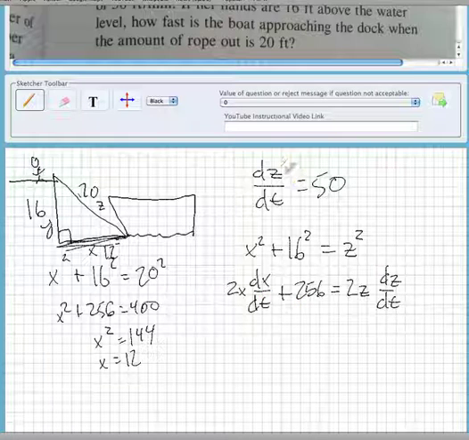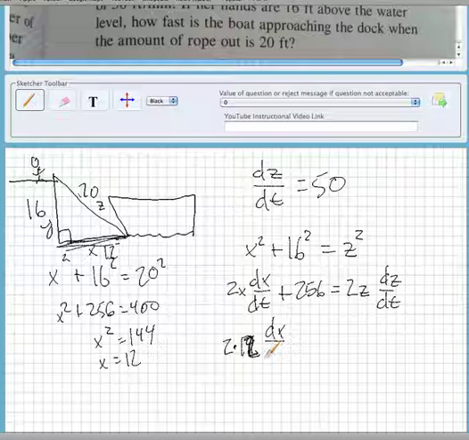So we're going to try to find this. We're going to plug in what we know. We know dz/dt, that's going to be 50. z is going to be 20, because that's what the problem gives us. And we know x also. We know x is 12 because we used the Pythagorean theorem to find that. So we're going to plug each one of these things in. Oh, that's 12, I'm sorry.